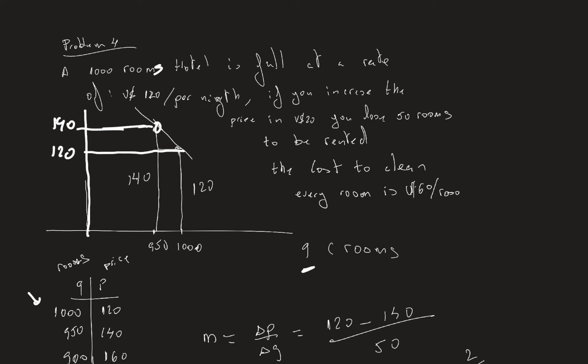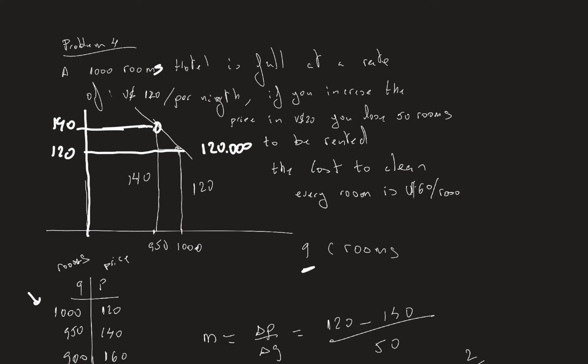Now, what is better, this point or this point? You may say, okay, I have 1,000 rooms. If I rent them at $120 per room, I will have 120 times 1,000, which is $120,000.